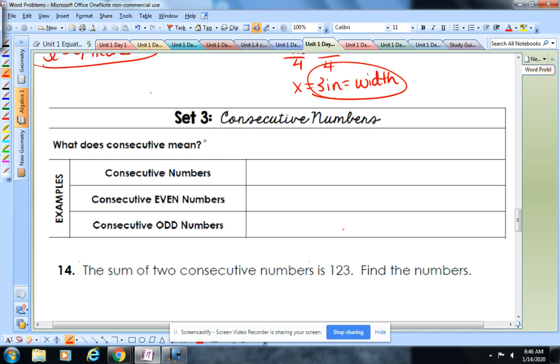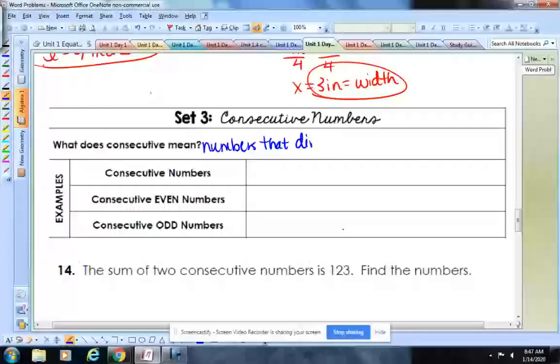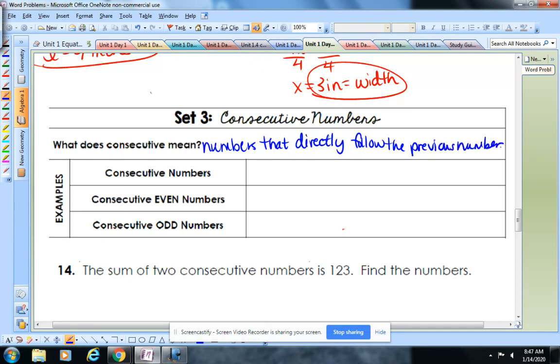I need to write bolder, sorry. I can't spell either. Numbers that directly follow the next number. I don't mean the previous number, I should say. Sorry for my sloppiness. All right. So, for example, consecutive numbers, let's do 6, 7, 8. Okay, there's an example.